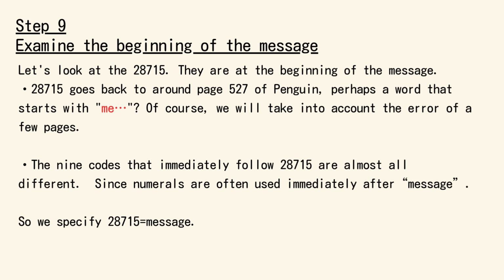First, 28715 goes back to around page 527 of Penguin, perhaps a word that starts with "me." Of course, we will take into account an error of a few pages. Second, the 9 codes that immediately follow 28715 are almost all different, since numerals are often used immediately after "message." So we specify 28715 equals "message."